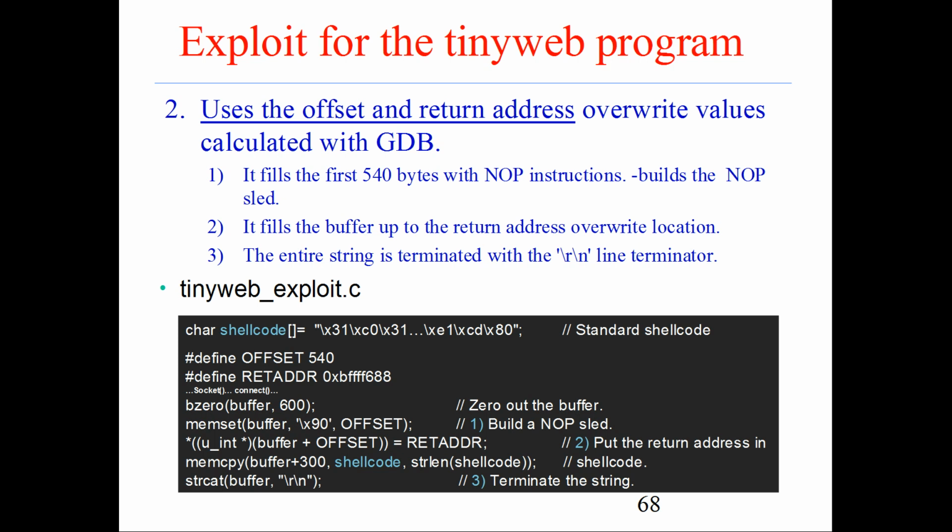You may not have that much space in the destination buffer, which is something to keep in mind. So, in all cases, you're going to have the return address being overwritten to point to your NOP sled or the beginning of your shellcode.